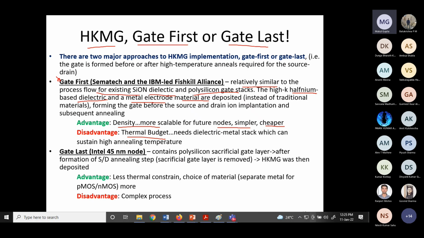What Intel did, Intel followed gate last approach, okay? But they did a clever thing. What is that? They use polysilicon as gate material. Although it is gate last, they form the gate oxide, I think high K dielectric material.